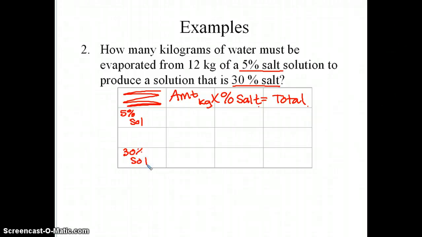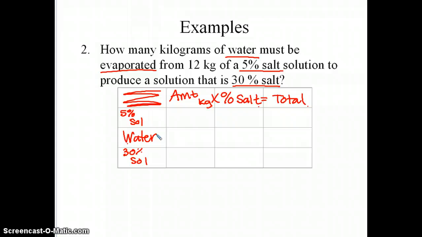I place that in the bottom box. And I have this missing piece right here. It says how many kilograms of water must be evaporated. So I'm going to be removing the water. So this is going to represent water. So I have everything labeled and I'm ready to start filling in my boxes.